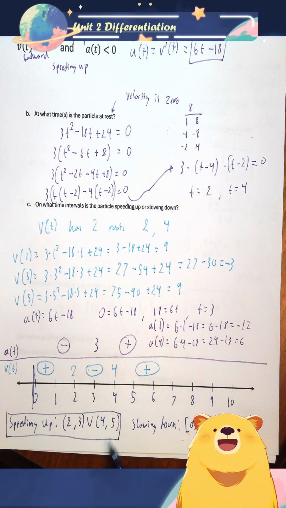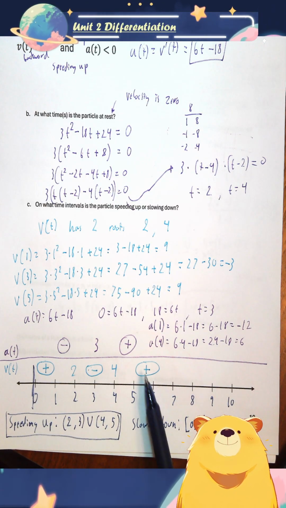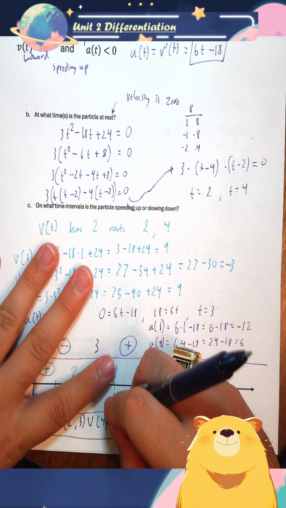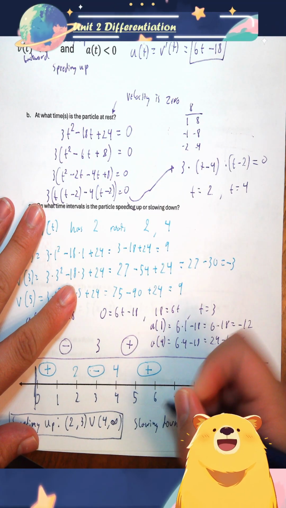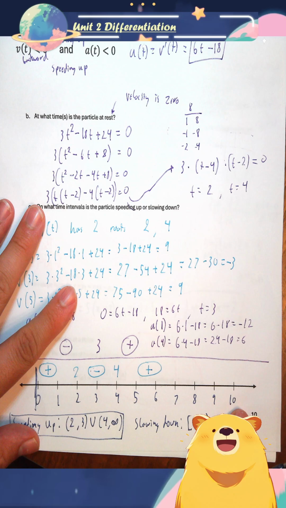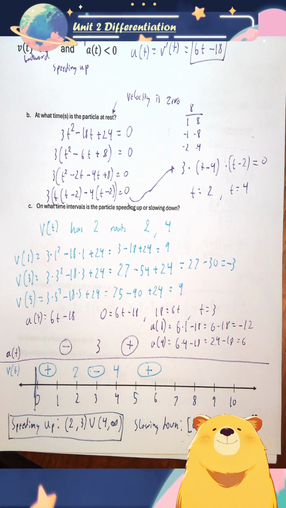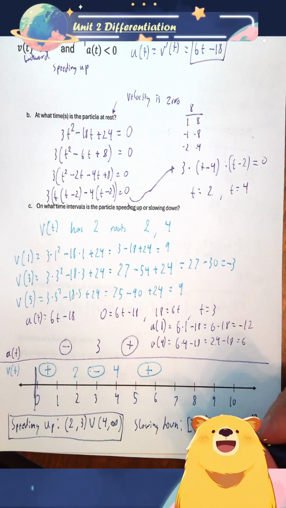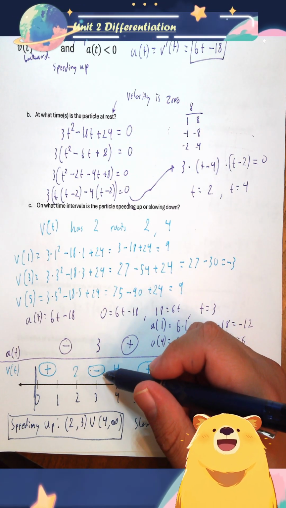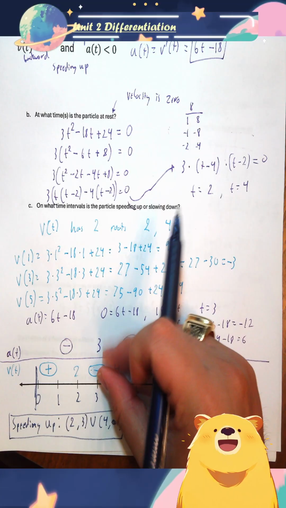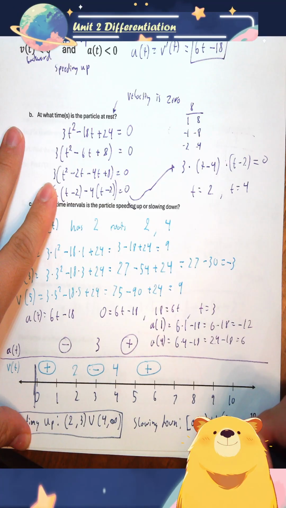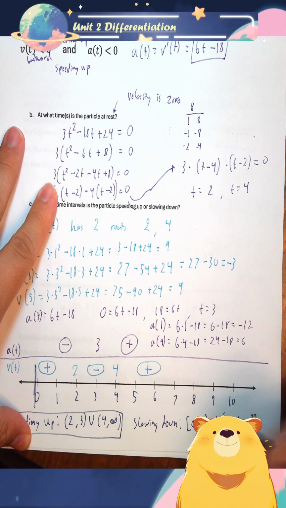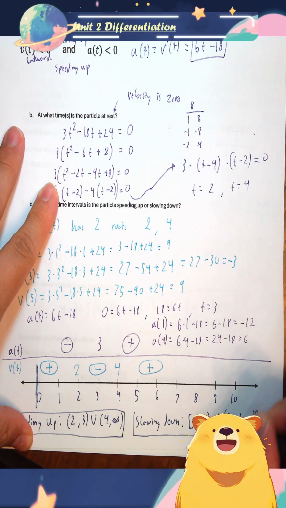I think I messed up. I stopped at 5, but technically it goes on to infinity. That's a typo, my mistake. I don't know why I stopped at 5. I think I just mentally saw 5 and stopped there. For slowing down though, we see that it only happens where they have alternating signs in between 3 and 4. So 3, comma 4. And that's going to be slowing down.